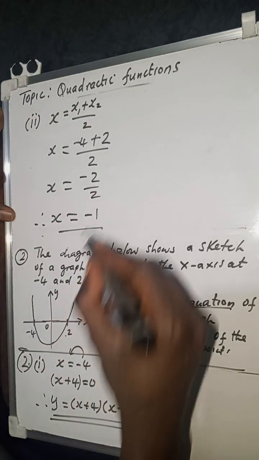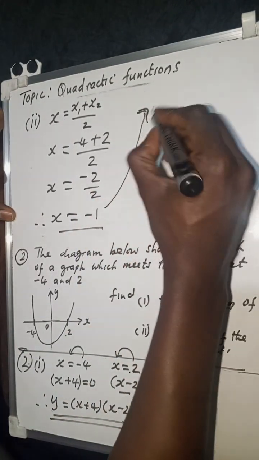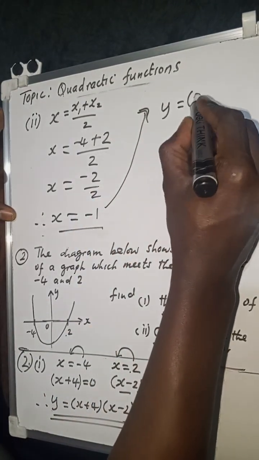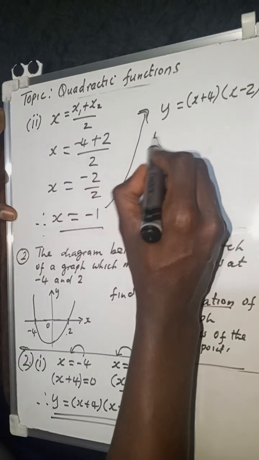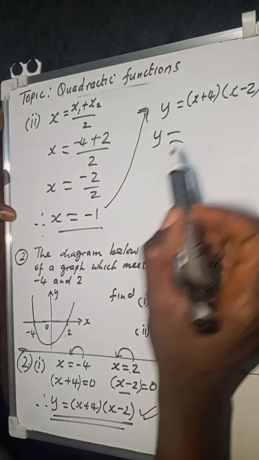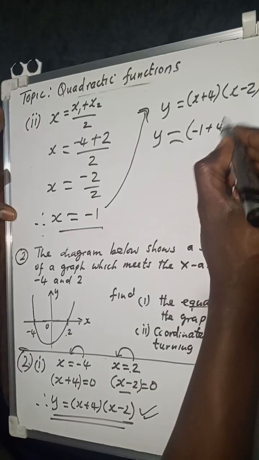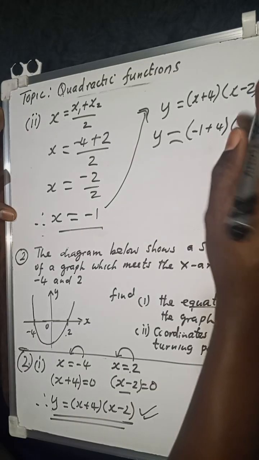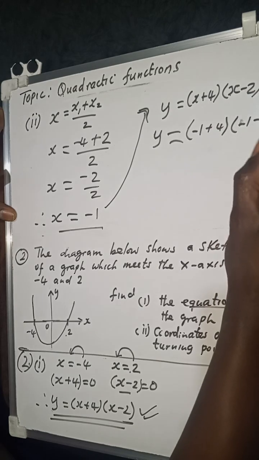So what I'm going to do now, this equation that we have found, we are now just going to replace x in x plus 4 and x minus 2 to know the coordinate of the turning point. I need to know the value of y. So x there is -1 plus 4, and the other one will be -1 minus 2.